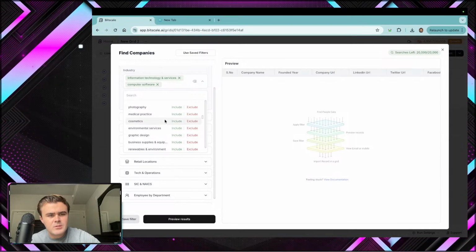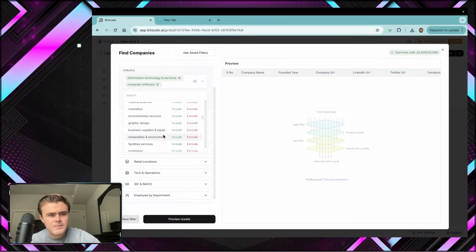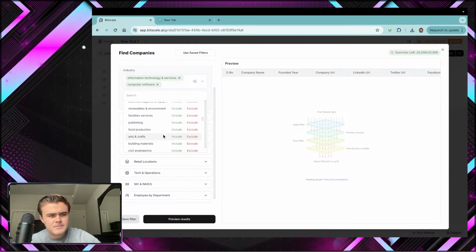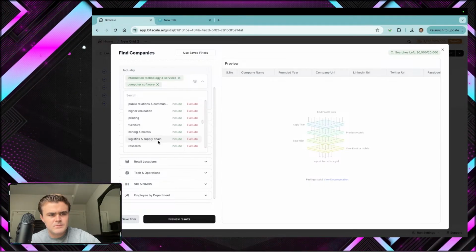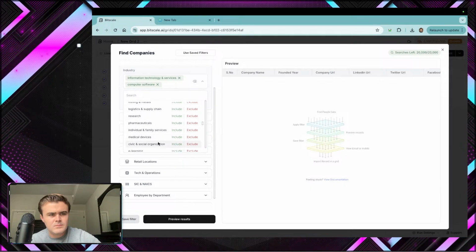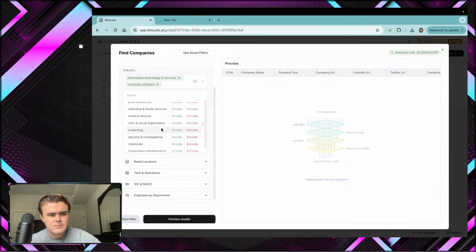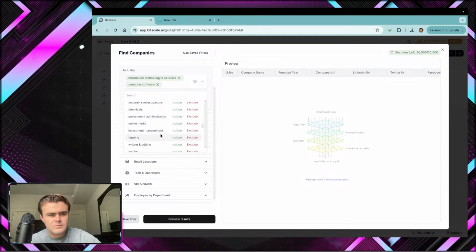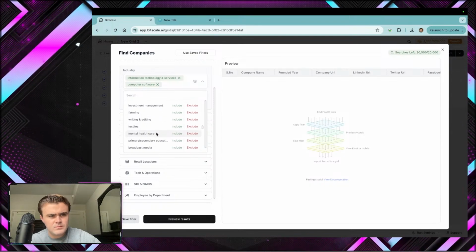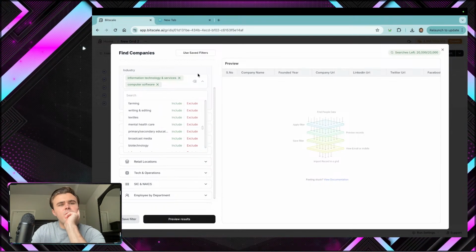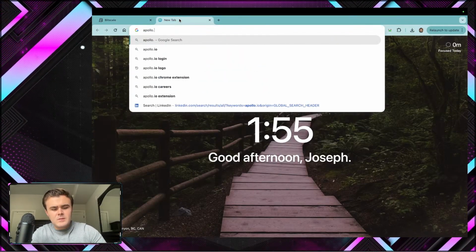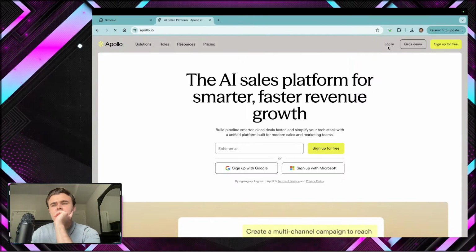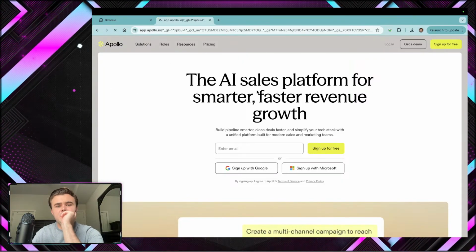Dang, there's a lot of different things here. Wow, this is more than, if we look at Apollo real quickly, let's look at the different, hopefully you don't see my password here.